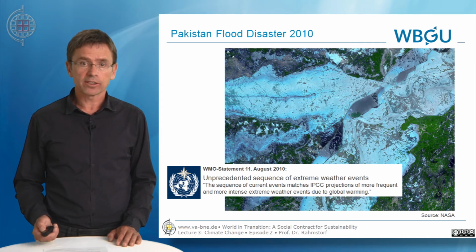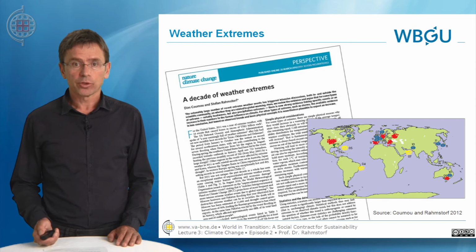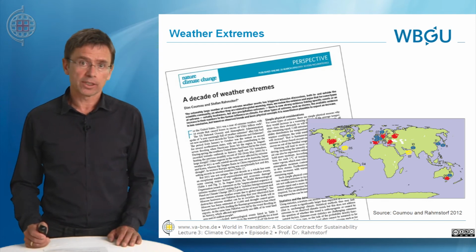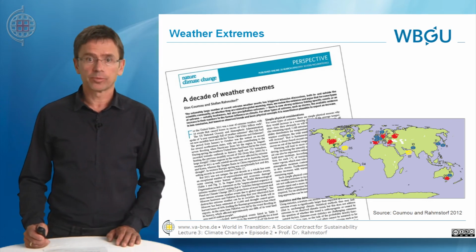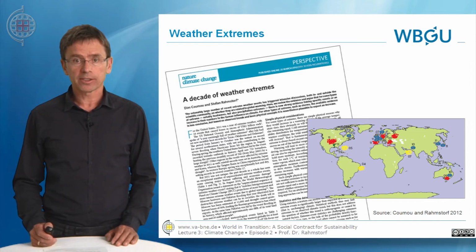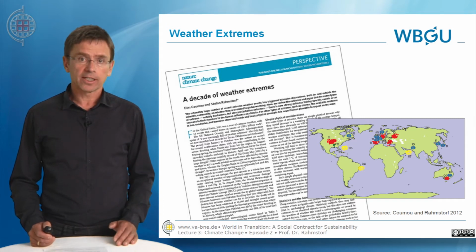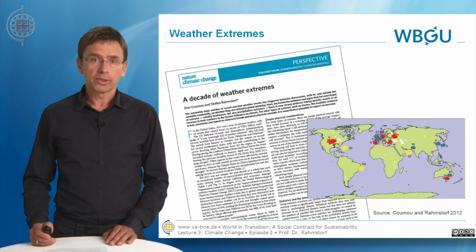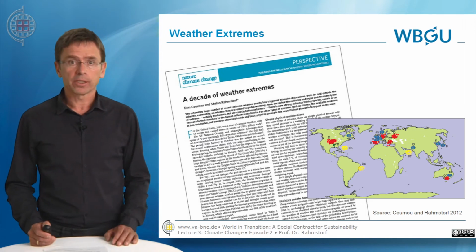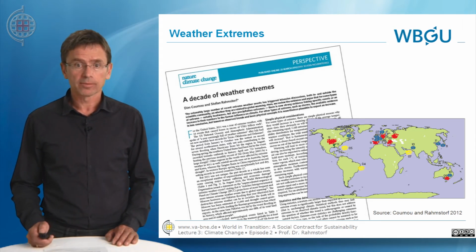And these extreme events, the Moscow heat wave, the Pakistan flooding, prompted the World Meteorological Organization to issue a pretty unusual statement about the unprecedented sequence of extreme weather events, which it said fits what is expected by the IPCC, for example, as a consequence of global warming.